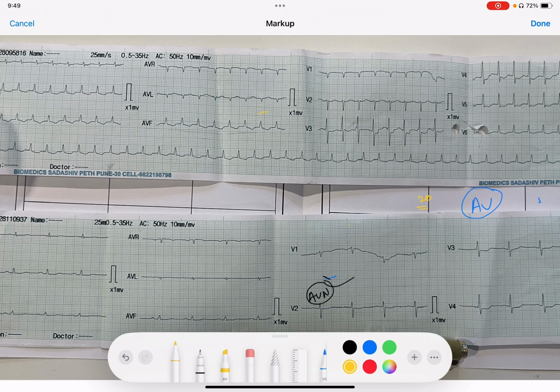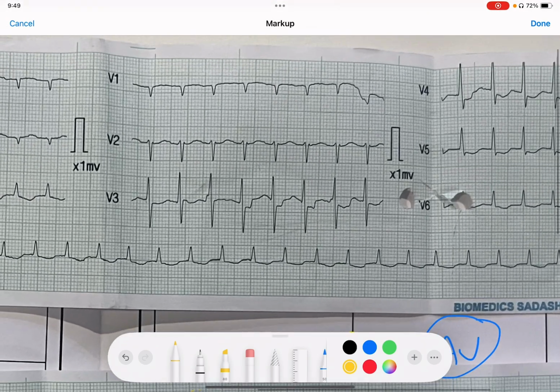Here the QRS is very short. There are a few more things which help us differentiate SVT versus VT. In ventricular tachycardia, usually you will see only one concordance, meaning from V1 to V6 you will get either all R waves or all S waves.